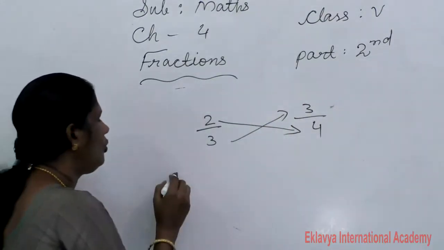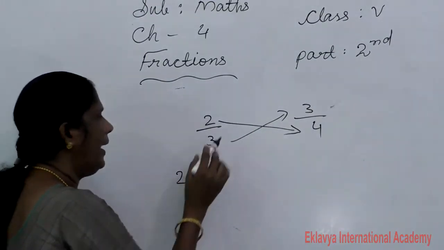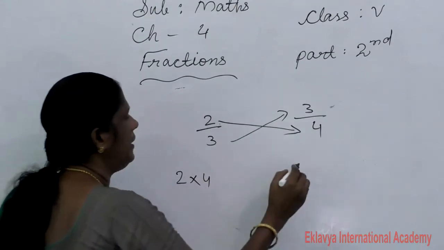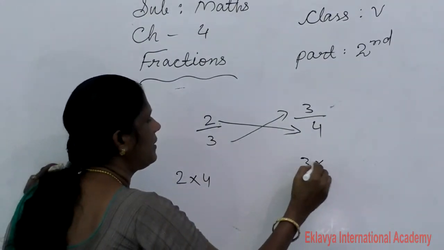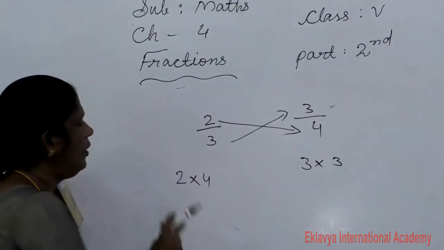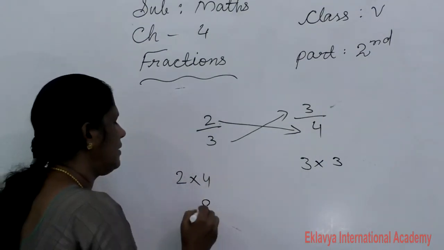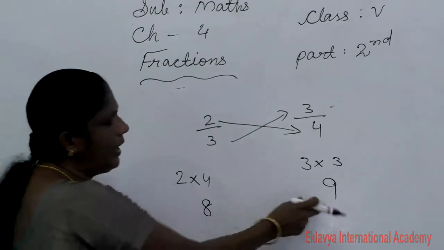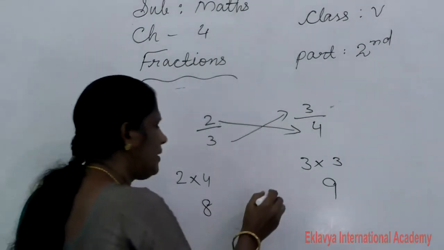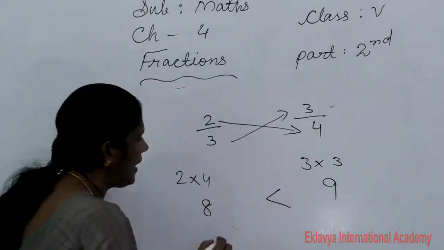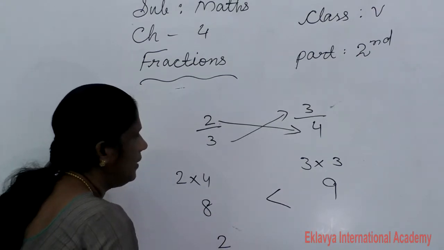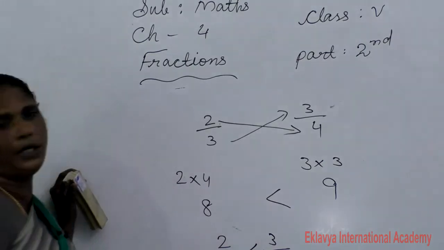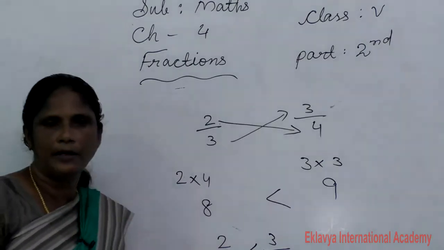First numerator and second denominator: 2 4s are 8, here 3 3s are 9. Which is greater, 8 or 9? 9 is greater. Which fraction is greater? 3 by 4 is greater.